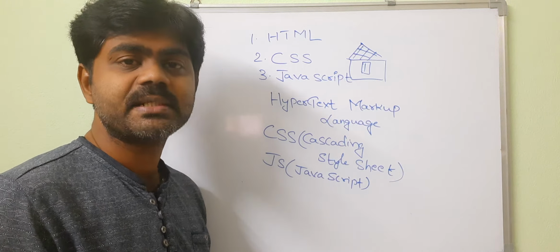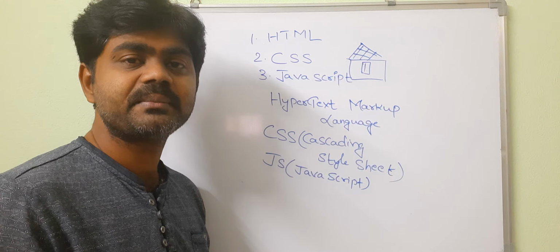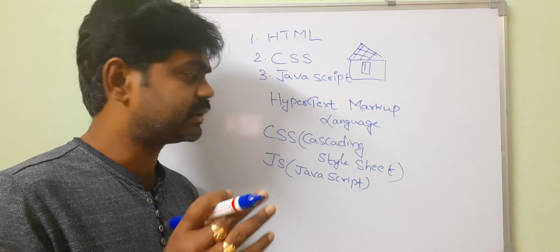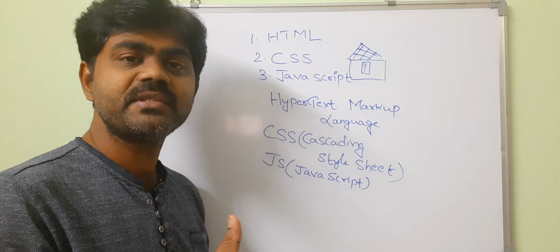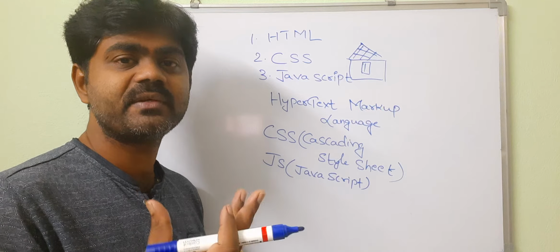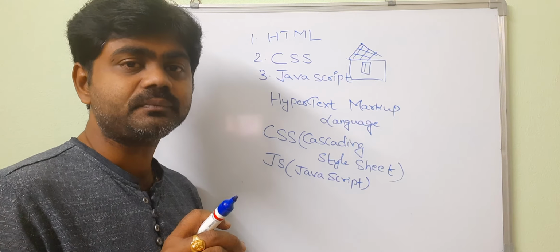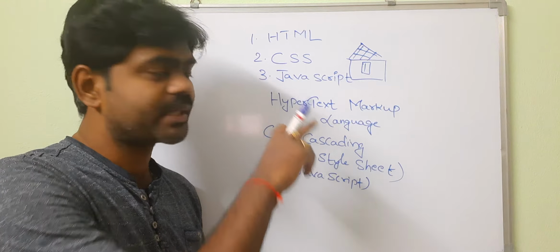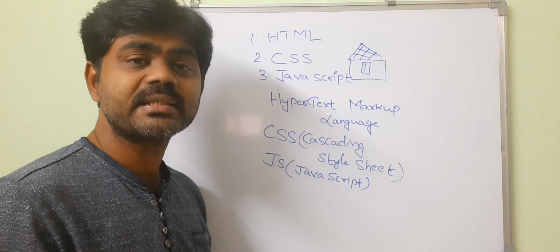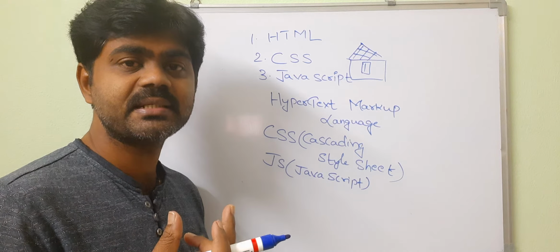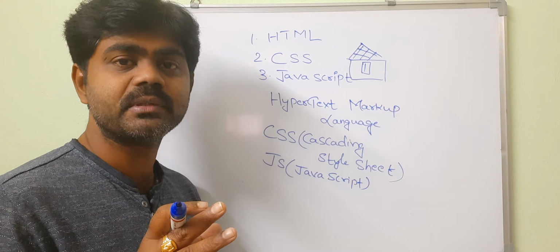And what about JavaScript? Remember, JavaScript doesn't have any basic relation with Java. Java is entirely different from JavaScript. So what is JavaScript here? You constructed a website using HTML and you applied CSS, Cascading Style Sheet, and your website looks beautiful.